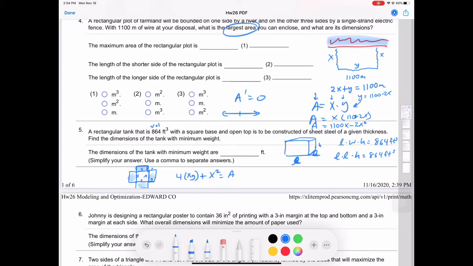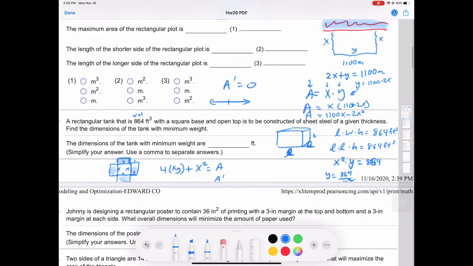So I'm going to say A prime. Take the derivative of that. But we don't want 2 variables, so I'm going to steal a variable here. Back here, we can say x squared times y is equal to 864. I'm going to move this around. Y is equal to 864 over x squared. Sorry, that's x squared on the bottom, okay?